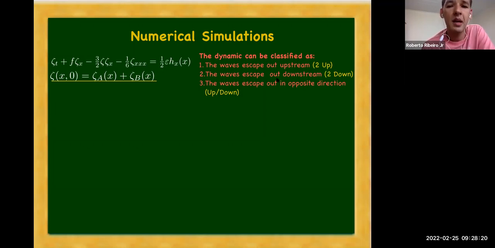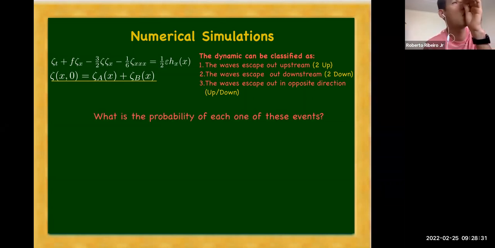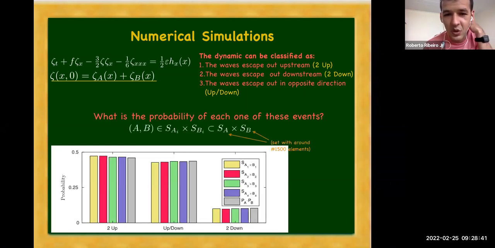The two waves can escape downstream, or the waves can escape in opposite directions. So basically, we have three events here. When you have events, the question that automatically arises is, what is the probability of each event to happen? So in order to answer this question, you consider the following.